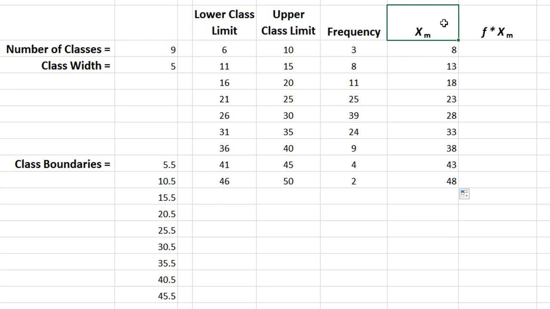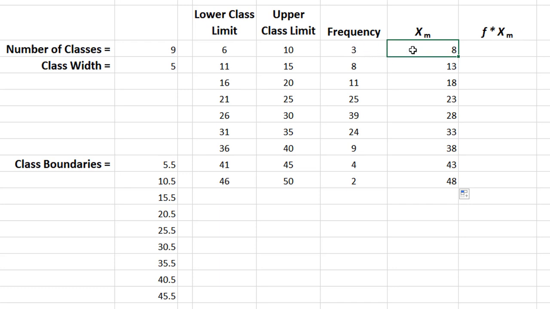I used to call it the class mark. That's how I was taught. And we could also call it the class median. It doesn't really matter. Just know that we have different names for this, and different books or journals might call it something slightly different.